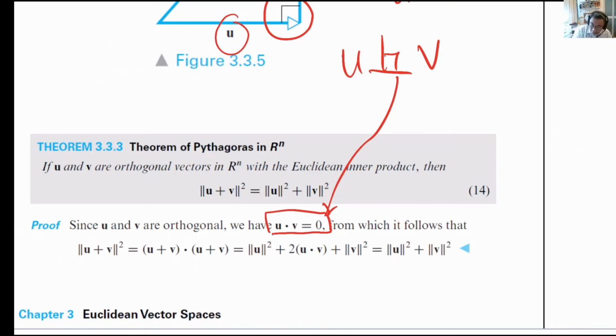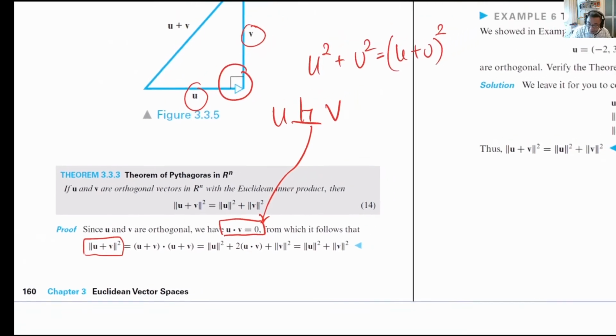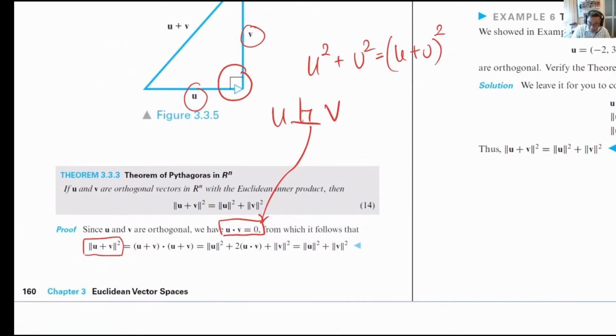Let us try to find the norm square of u plus v, the longest length. Remember that the norm of a vector u can be found by using u dot u, the dot product of itself, square root.